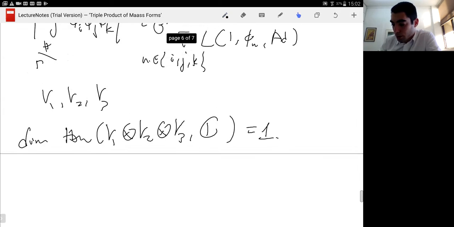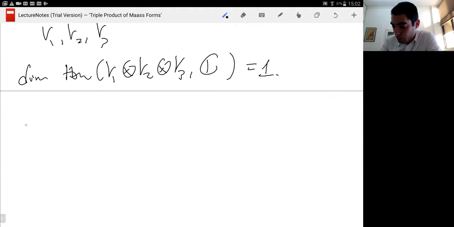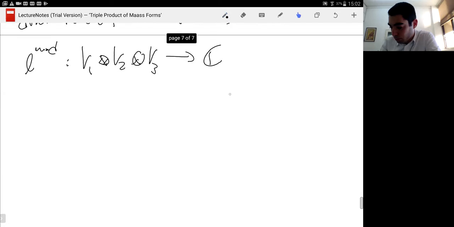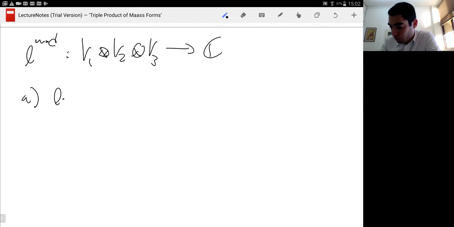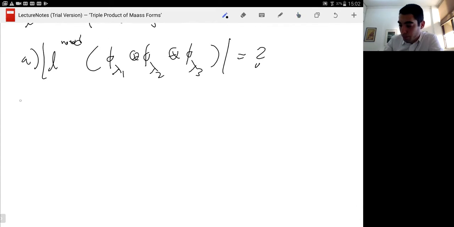So in particular, the main observation was that if I want to say something substantial about this functional, all I have to do is to construct another functional, which we denote by L mod, and then study two things: the value of this L mod on our Maass forms, and second, to study the proportion between these two functionals.